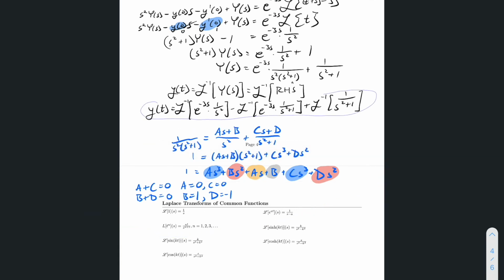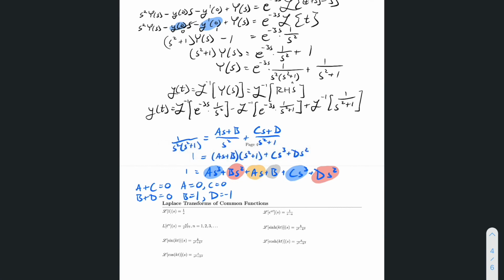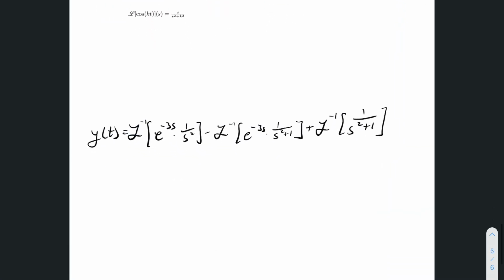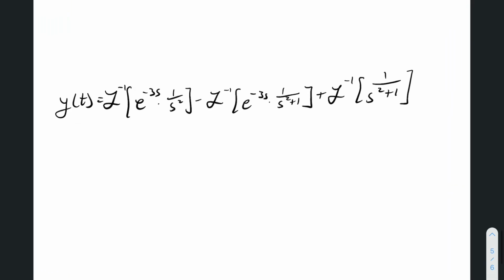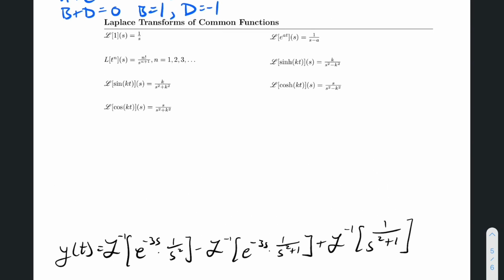Let's just take this and go down to the next page. 1 over s squared plus 1, that one should be easy, so let's deal with this one first.